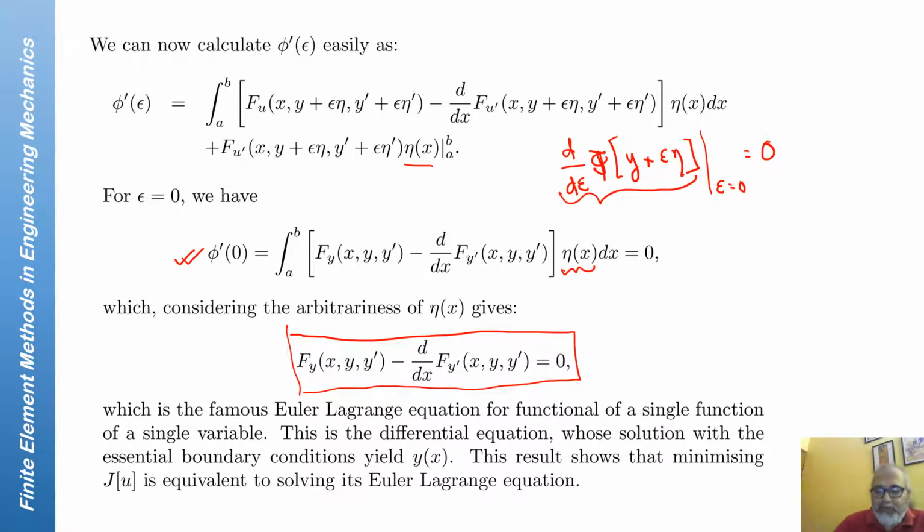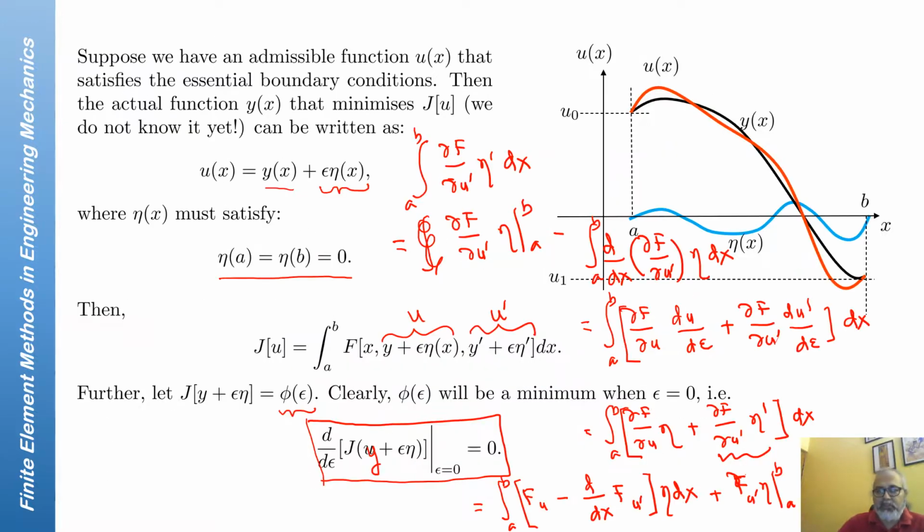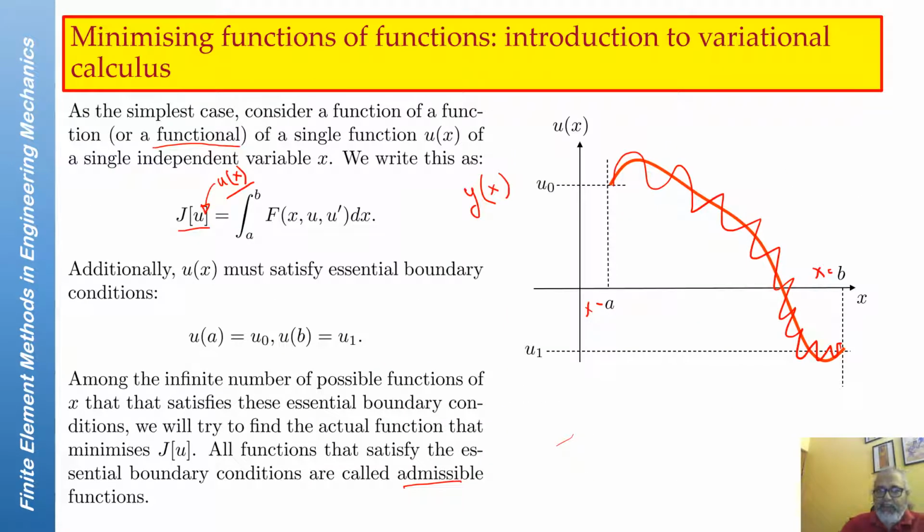What I have shown here is you can take this differential equation, which by the way is known as the famous Euler-Lagrange equation, and solve for y. The solution that you will get for the given essential boundary conditions is the same solution that you will get by minimizing this functional.